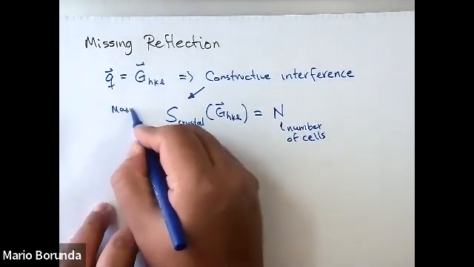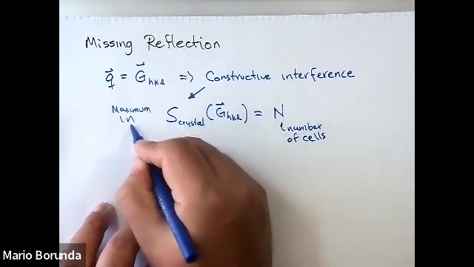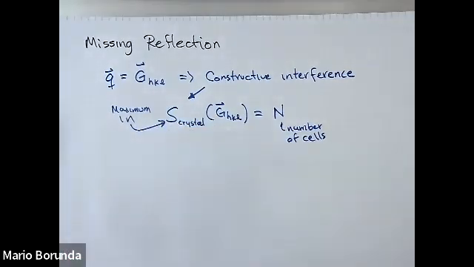So we're going to have a maximum in the structure factor of the crystal if our Q value is equal to one of these plane vectors. And we all agree on that part, right? So now the question is, I have a structure factor for sure. Does that mean that I have intensity?